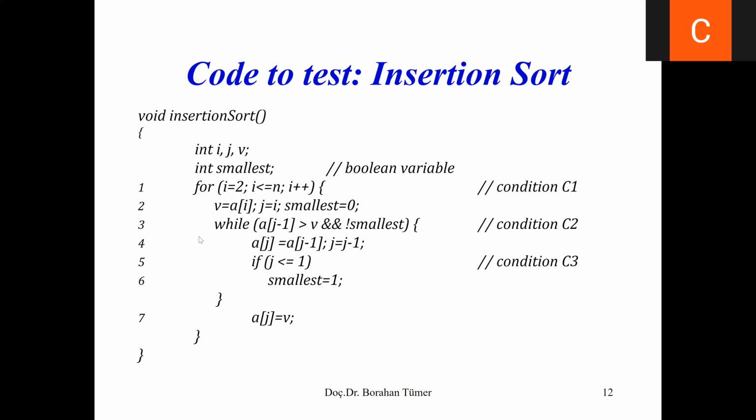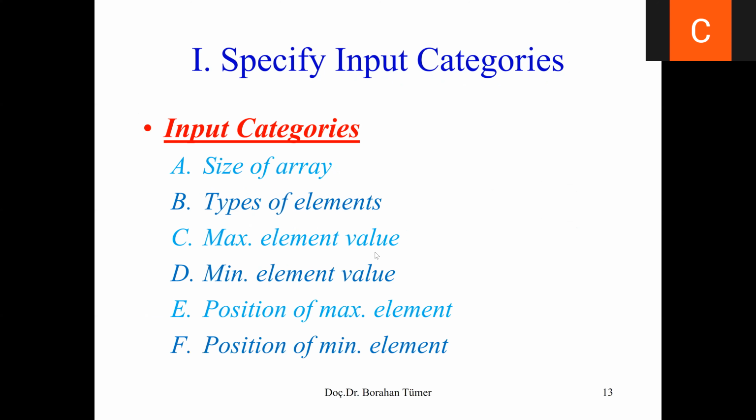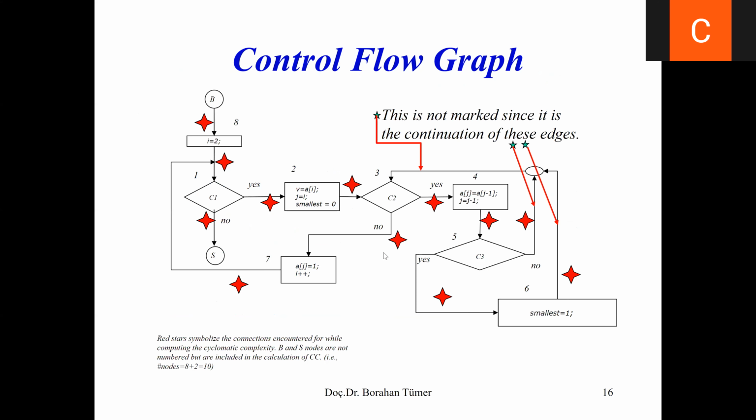Let's look at the code. Here we have 1, 2, 3, 4, 5, 6, 7 statements. All right, 7 statements, and 3 of these are conditions.